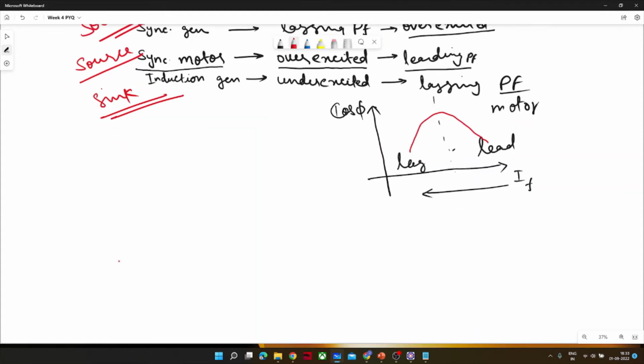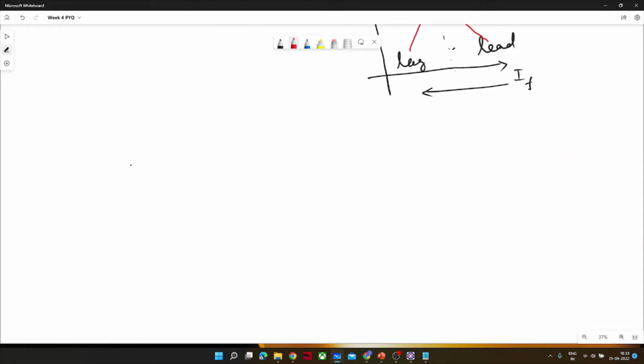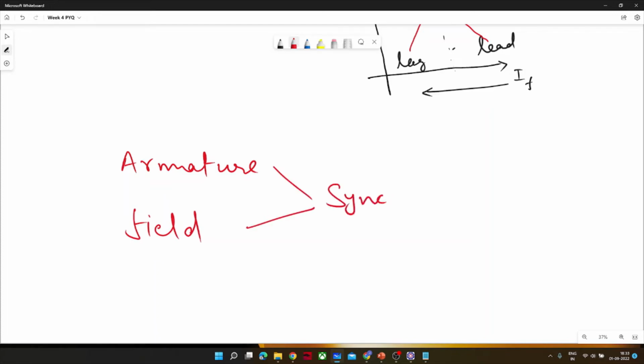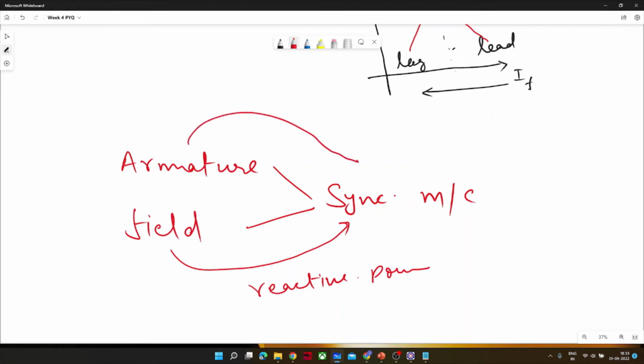Let me put it this way. Armature and field: these two windings are present in a synchronous machine. The field winding's job is to provide all the reactive power to the synchronous machine, and the armature winding's job is to provide all the real power.